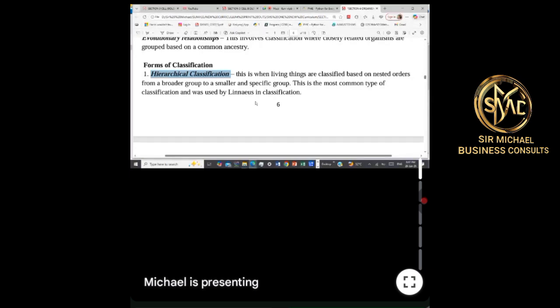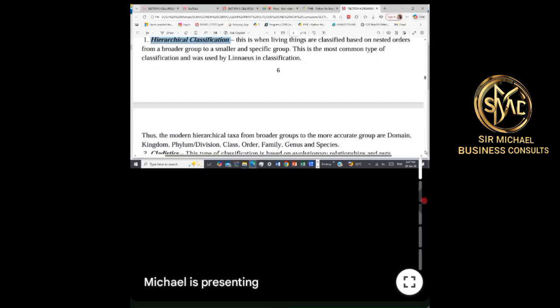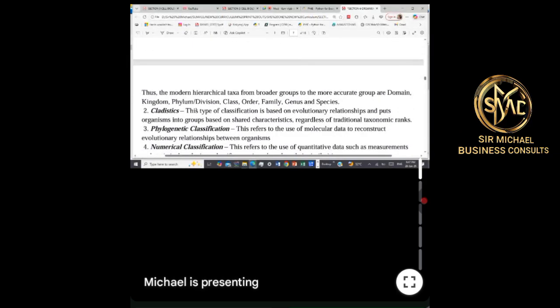So from a larger hierarchy to the lower form. That is his system of classification, and that is what we broadly use now.